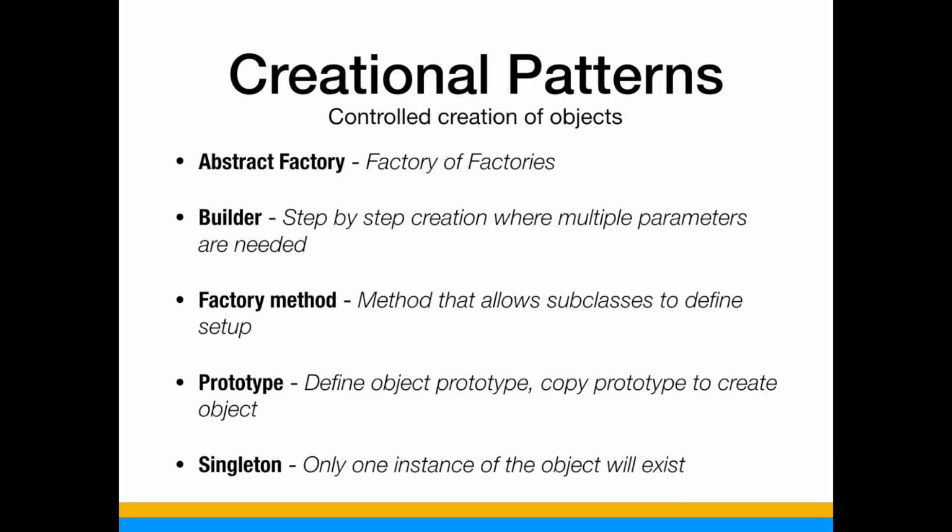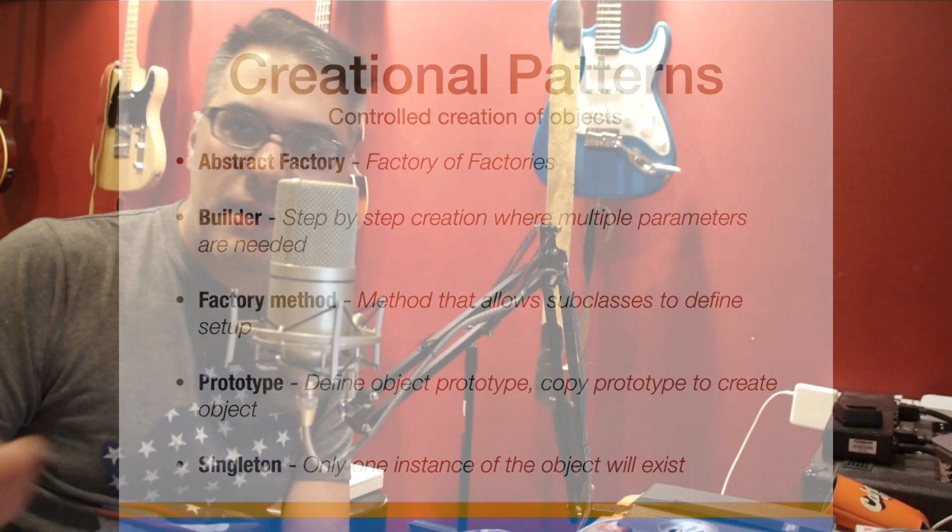It's essentially a way of decoupling the creation, so that you can create several families of the same type of object. For example, you can create different abstract factories if you were creating cars. And which ones would be those factories?